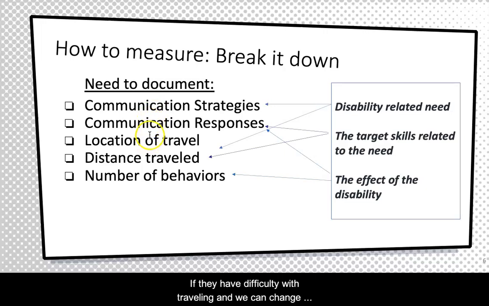If they have difficulty with traveling and we can change the traveling, we'll reduce the number of behaviors. And this could go further to say, if we reduce the number of behaviors and increase the ability to communicate wants and needs and respond to communication requests, that student will be able to gain more skills and knowledge appropriately in the settings that we're asking them to be in school. So these things become very related.